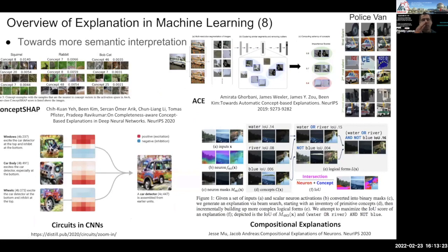And then we're moving towards something which is slightly more semantic. So rather than having only abstract representation, you try to have labeling or semantic representation, and you have pretty good techniques from the TCAV or the ACE tool from Google. You have also the concept SHAP work.